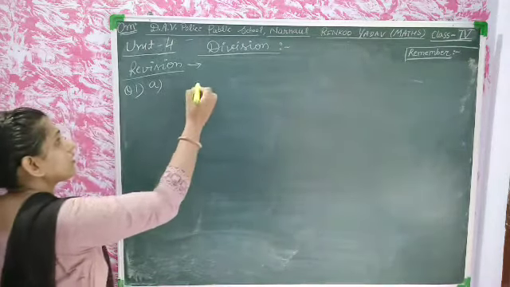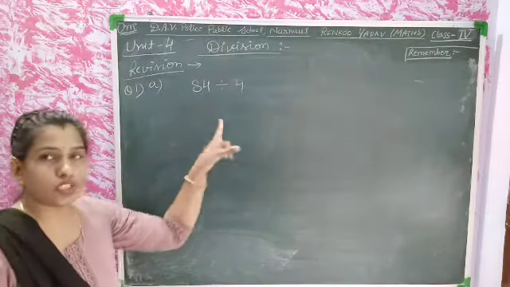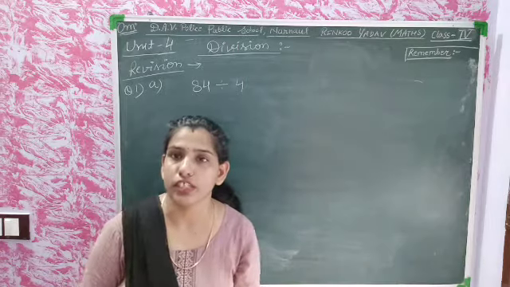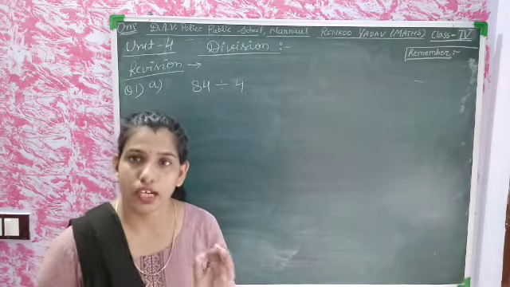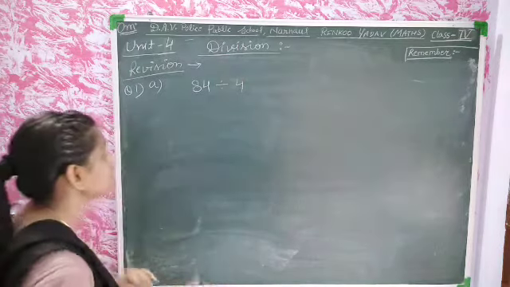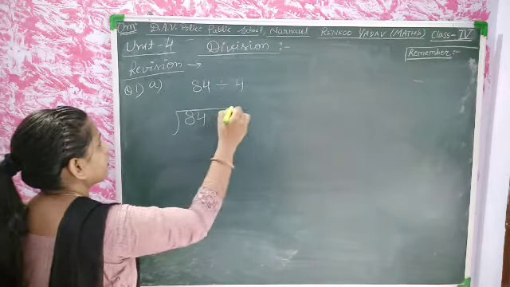Let's see, there is 84 divided by 4. I will do only the first question, and you will do the remaining questions yourself and find all the quotients and remainders. Okay students, 84 divided by 4.